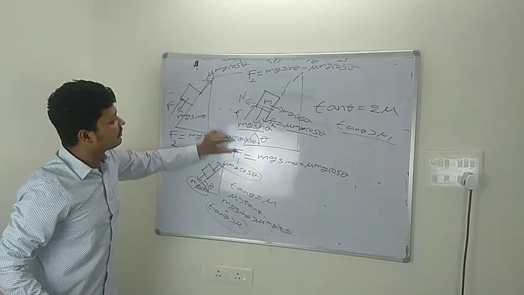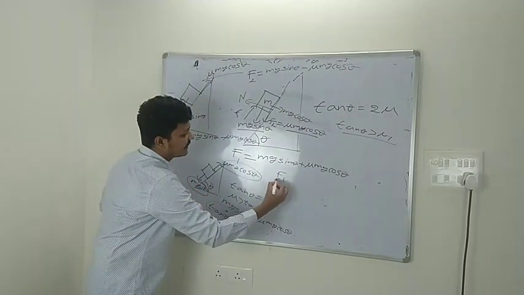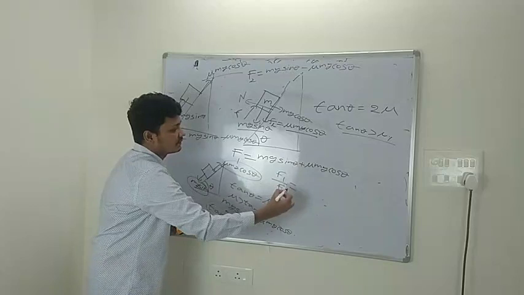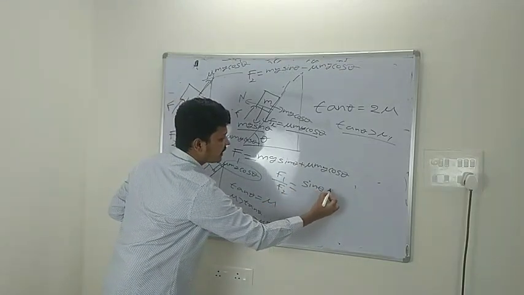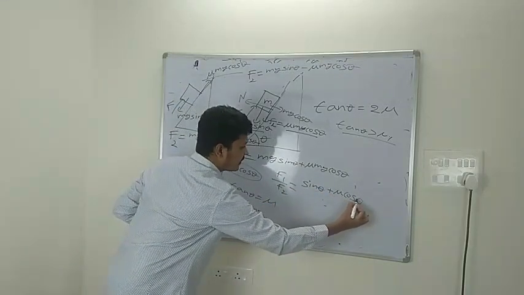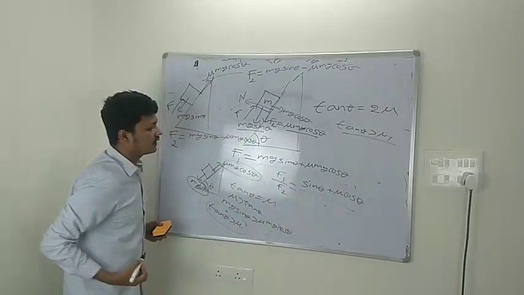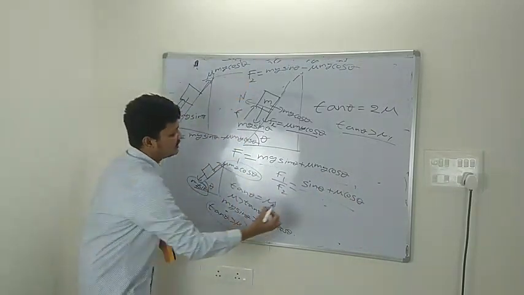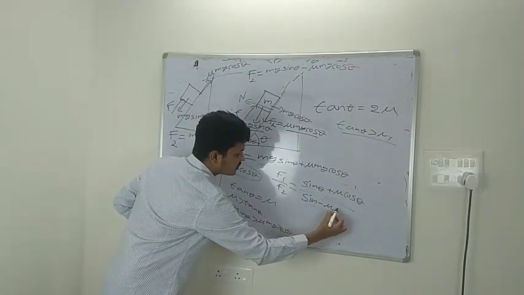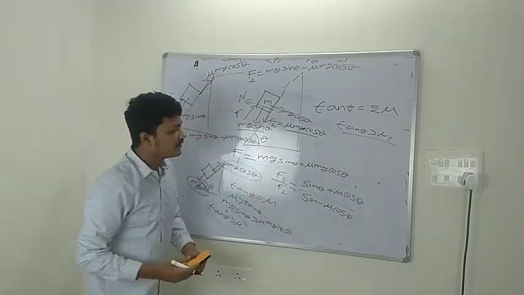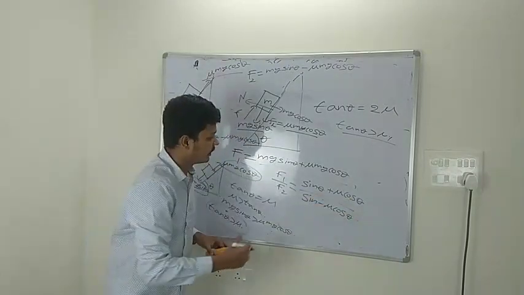Now divide F1 and F2. If I divide F1 and F2, mg cancels. Sin theta plus mu cos theta, that is your F1, and F2 is sin theta minus mu cos theta. Now divide by cos theta everywhere.